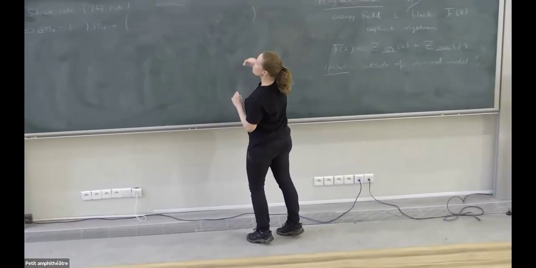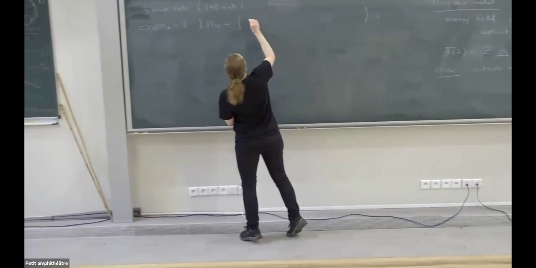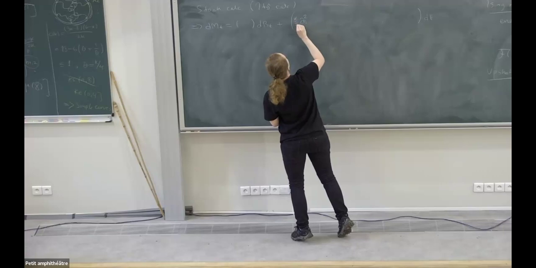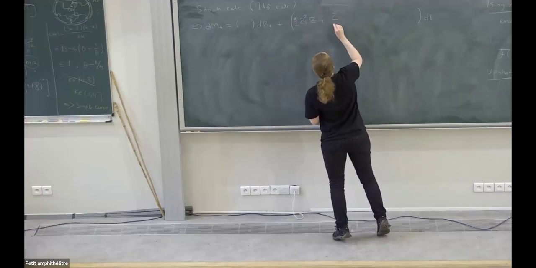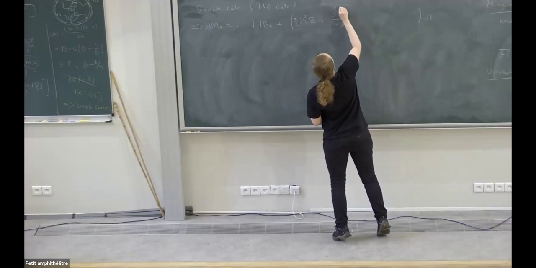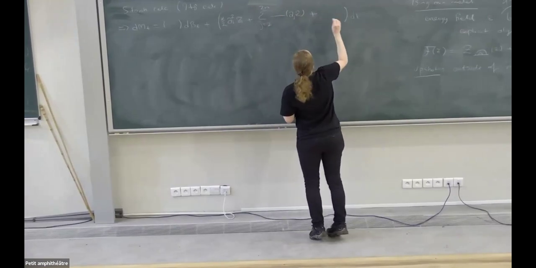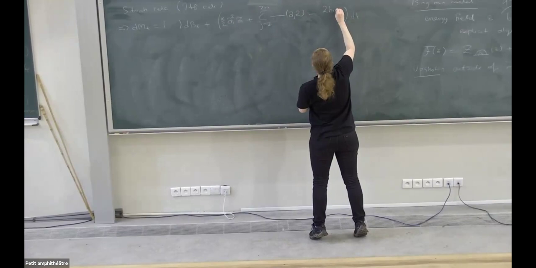Maybe I cannot write it if I had 3 minutes, but I can write maybe something. It's partial 1 squared, plus the sum over the other ones, partial c, plus a constant term. And here is 2 h_{1,2}.